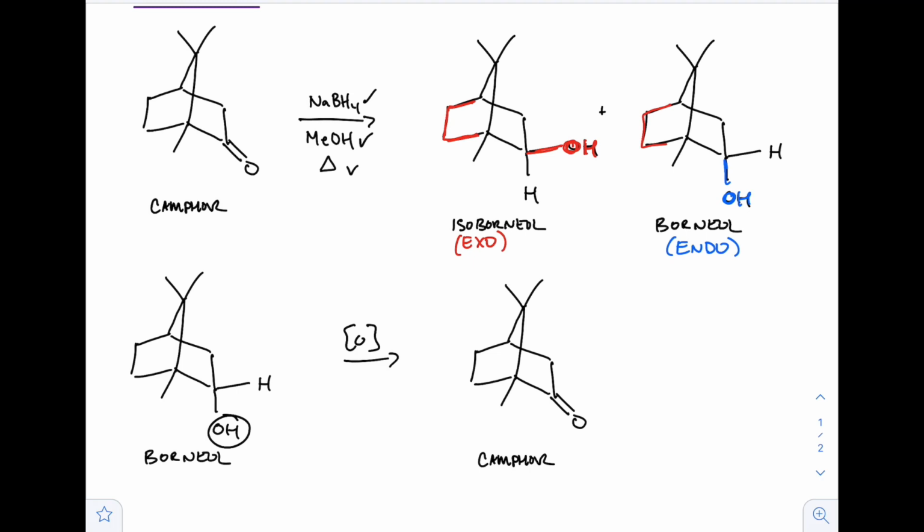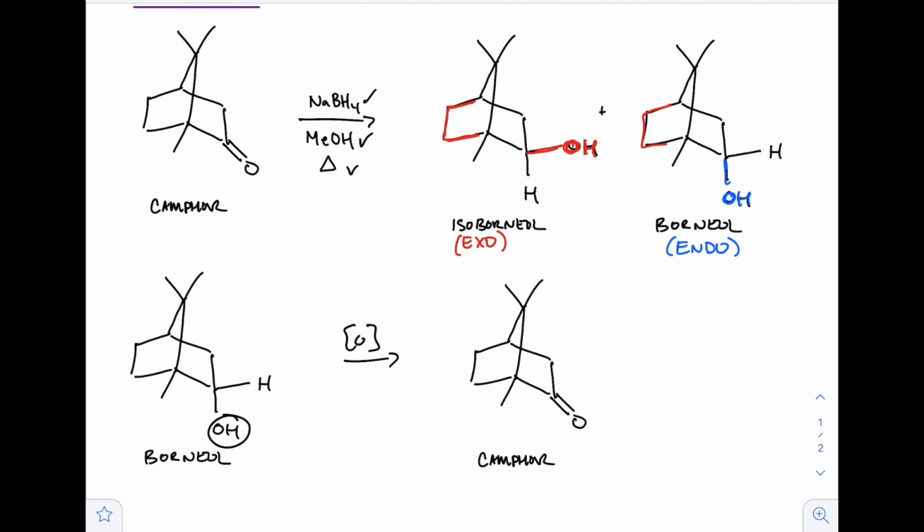That's just a little nomenclature introduction to these bicyclic compounds, but you don't need a ton of detail. We'll actually learn more about this when we talk about Diels-Alder reactions in lecture. But I just wanted to point that out now that we're discussing the difference between isoborneol and borneol. That is also another way we can distinguish between the two, calling them exo or endo products.